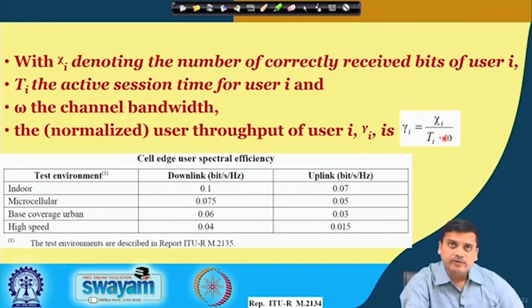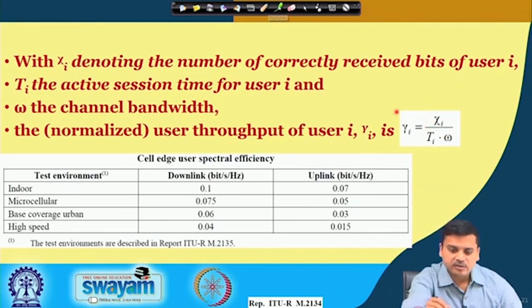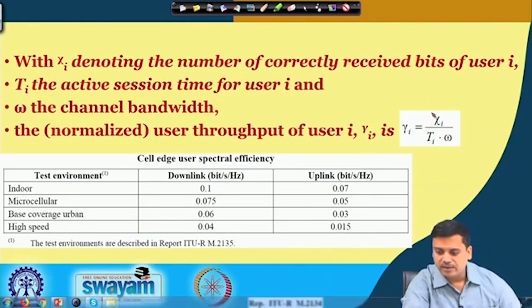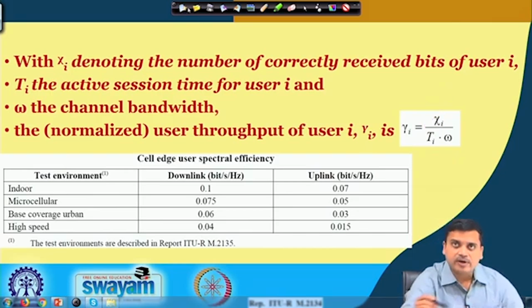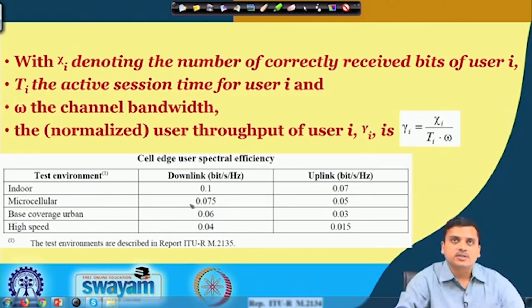Earlier, when we defined the cell spectral efficiency, we had a summation over the number of users. This is not required over here; you have to take only the i-th user. You have to take all possible users in the entire area, plot the CDF and then take the 5 percentile point, right.